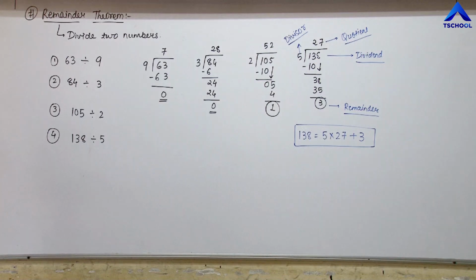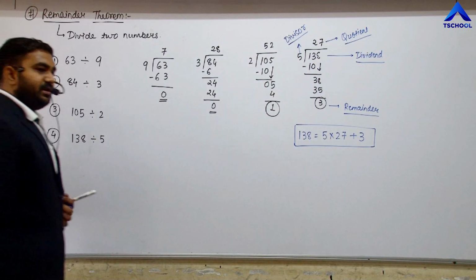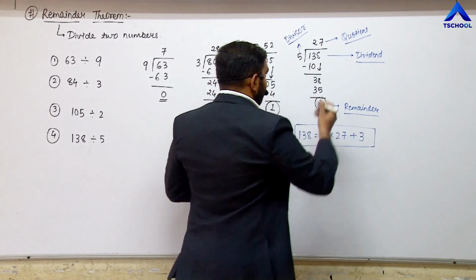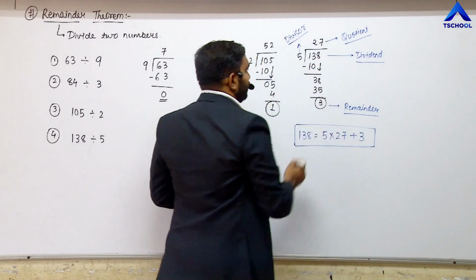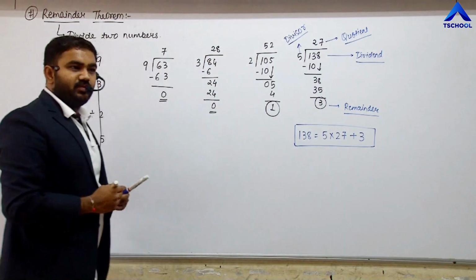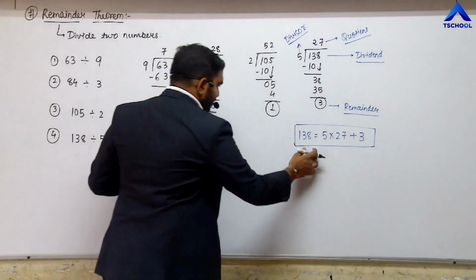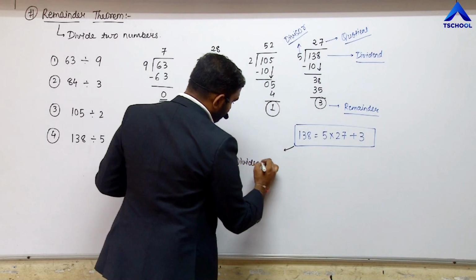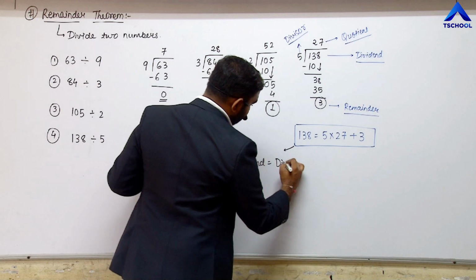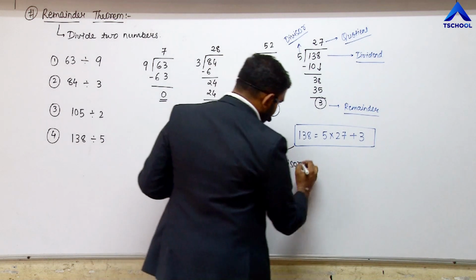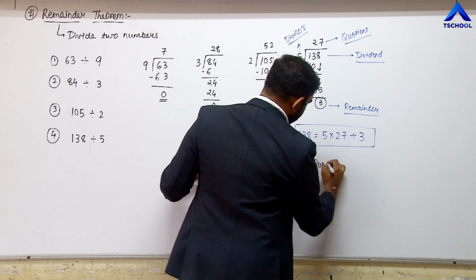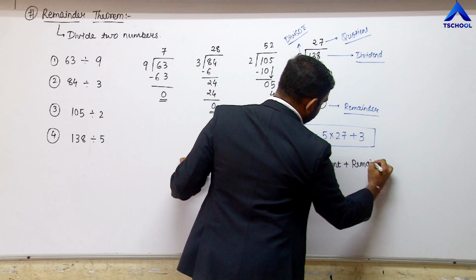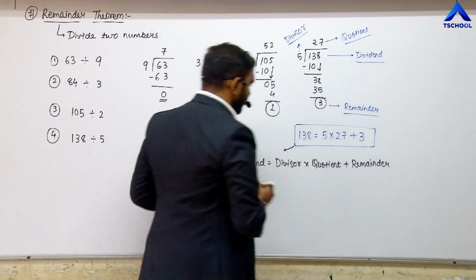Yes or no? So what can you say about this now? Here 138, that is the dividend, is equal to divisor into quotient plus remainder. So from this result I can say that dividend is equal to divisor into quotient plus remainder.